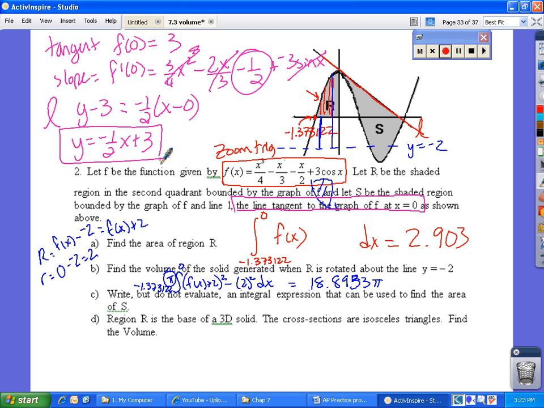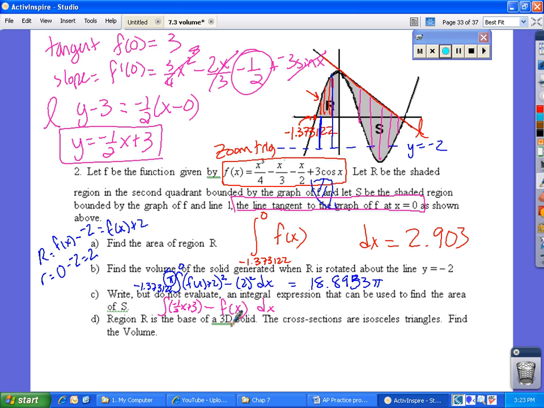That's the equation of line L. So the integral expression to find the area of S, just like for part A, if we imagine our space filled with all of these vertical lines, it's going to be dx. The top equation is negative 1/2 x plus 3, minus the bottom equation, which is my function, f of x.